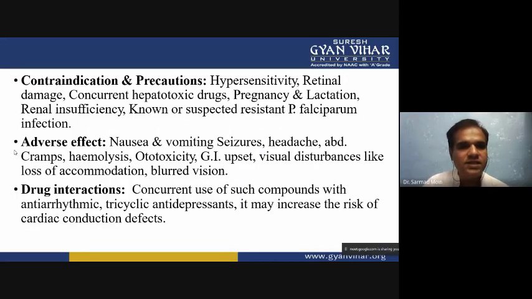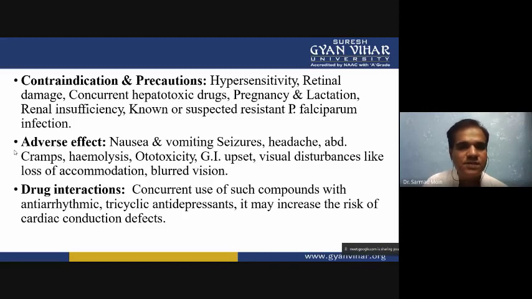Then contraindications and precautions. When we treat the patient with these anti-malarial drugs, there are hypersensitivity, retinal damage, concurrent hepatotoxic drugs, pregnancy and lactation, renal insufficiency, known or suspected resistance, and P. falciparum infection.